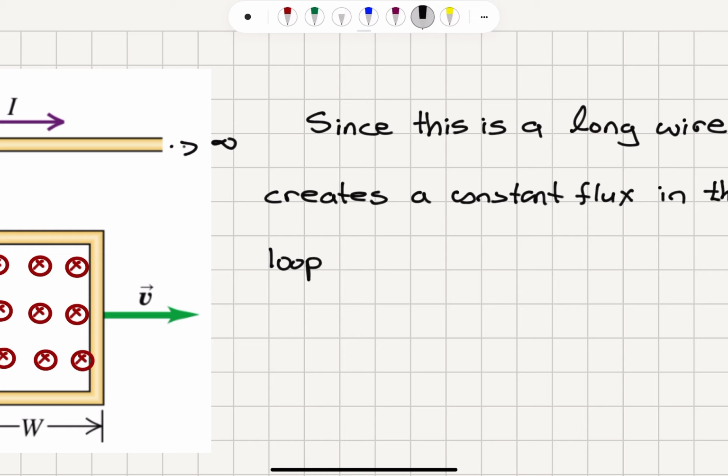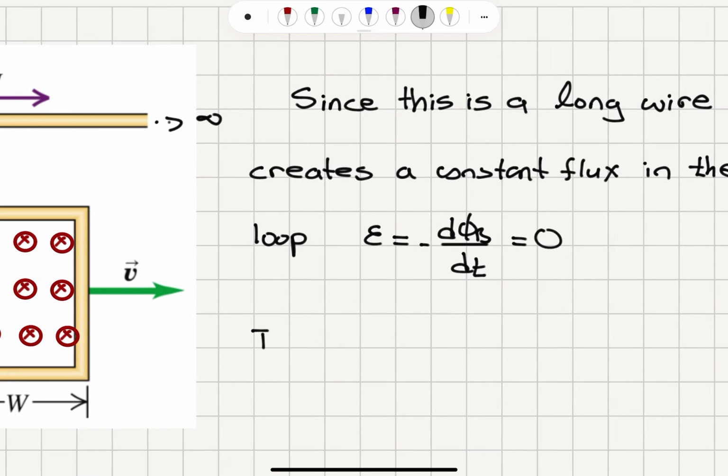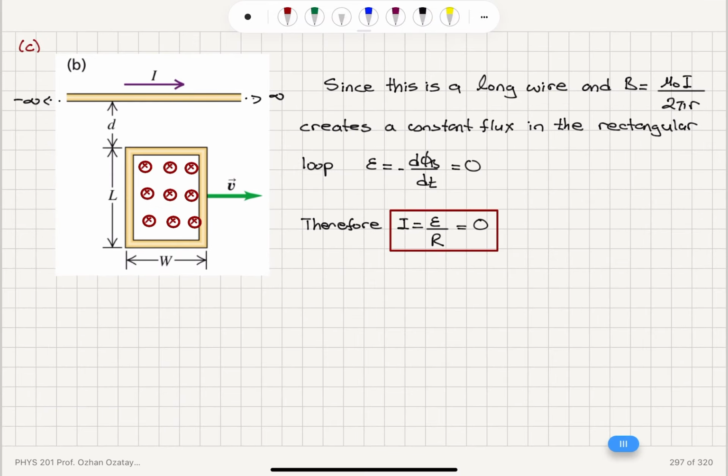So we see that epsilon, the induced EMF, which is minus the rate of change of magnetic flux, d phi B dt, will be equal to 0. Therefore, if I look at the current induced, the current is the EMF divided by the resistance using Ohm's law. The current induced will be equal to 0. So nothing happens if you have a closed loop like this, and the flux inside the loop is not changing according to Faraday's law.